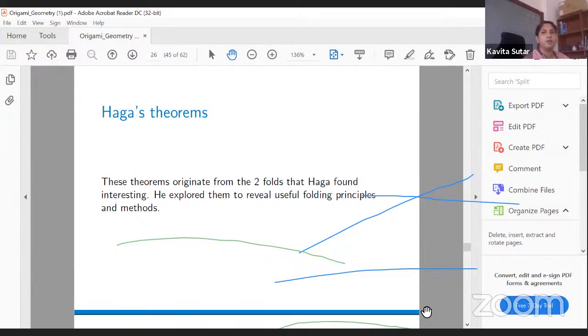Now as soon as you call these x and y, you can unfold this and realize that if this distance is x, then since this is unit distance, this distance is 1 minus x. That is this part folded up here, 1 minus x.